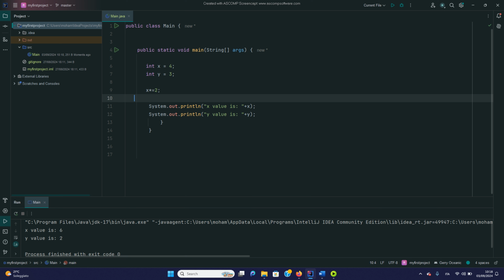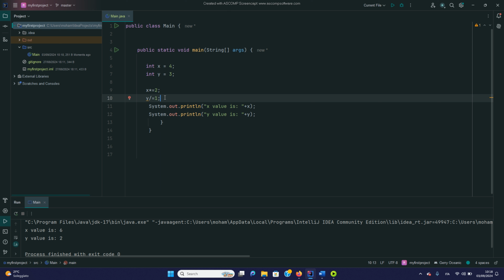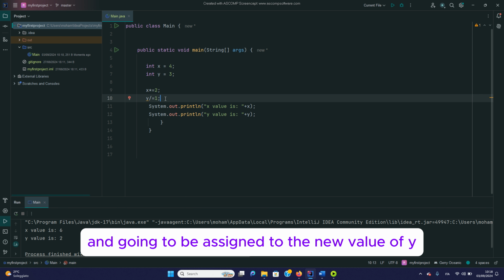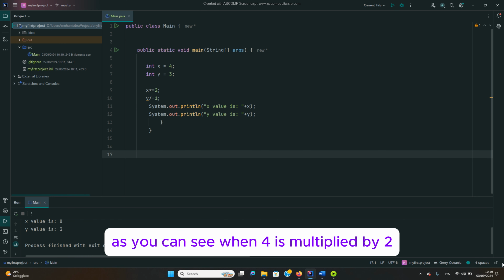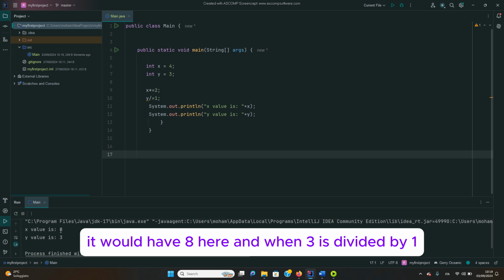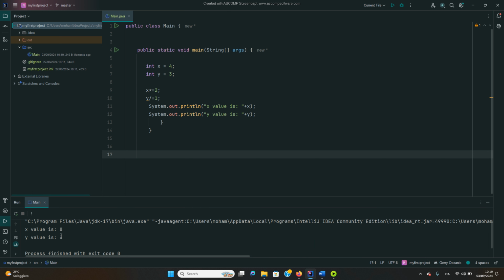And when you say y division assignment to 1, it is going to be divided by 1 and assigned to the new value of y. As you can see, when 4 is multiplied by 2, we would have 8 here. And when 3 is divided by 1, the result is going to be 3 again, the same.